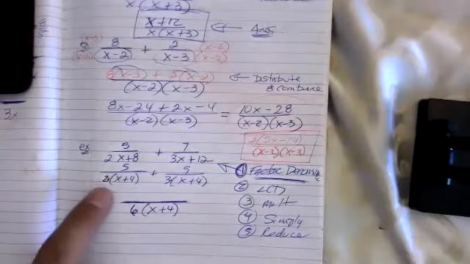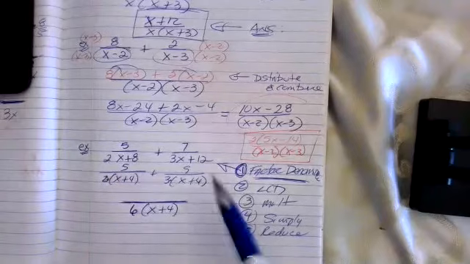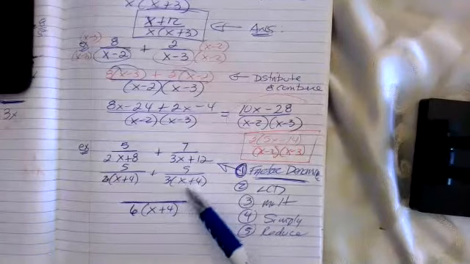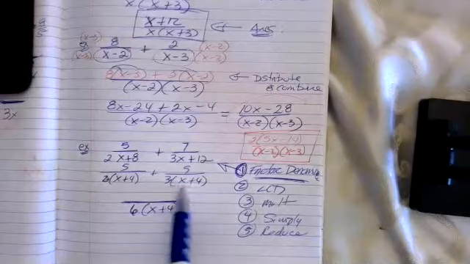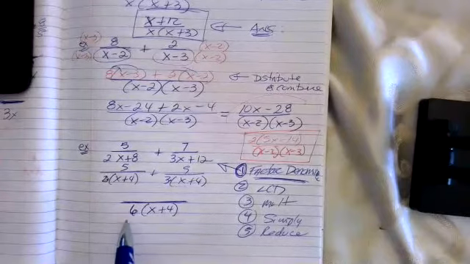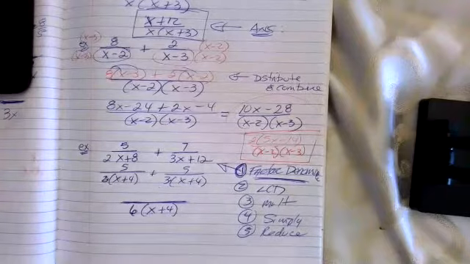I could see this entire denominator could go into my LCD. Similarly, 3 goes in, and x plus 4 goes in. I have all the factors from here and there, and I have all the factors from here and there.